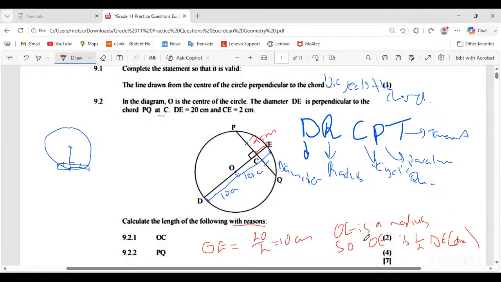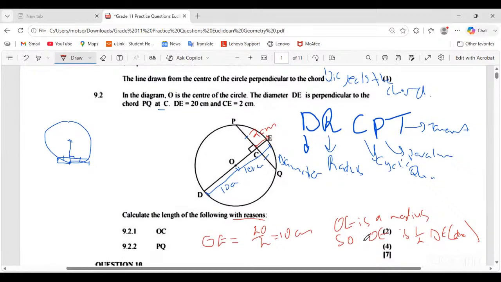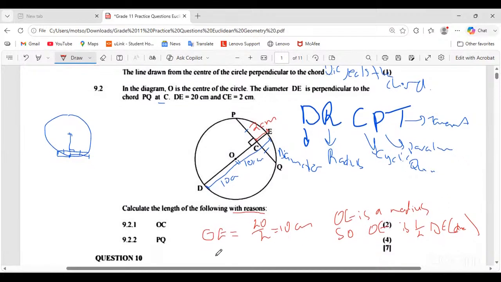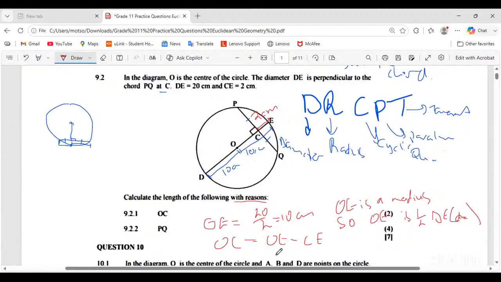Okay, now we have OE. We want OC. Let's go. OC is going to be equal to OE minus CE. CE was given, right? Yes. Now what is OE? OE is 10 centimeters.